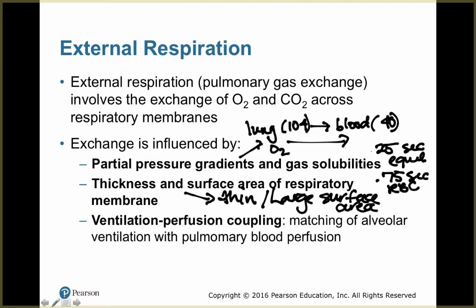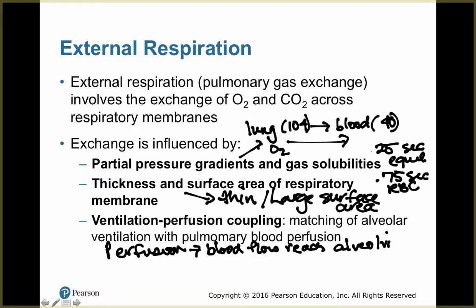And the last is this ventilation perfusion coupling, right? And so what I mean by that is if you're looking at perfusion, this is basically the blood flow that reaches the alveoli, right? This is controlled by the arterioles' diameter.